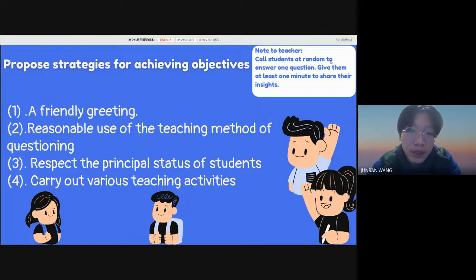To improve students' initiative of learning: in English classroom teaching of the past, teachers were mostly the main body, taking the teacher-speaks, student-listens way of teaching.